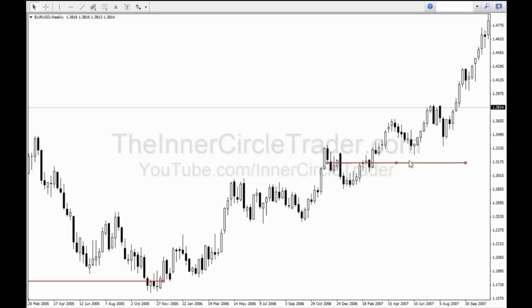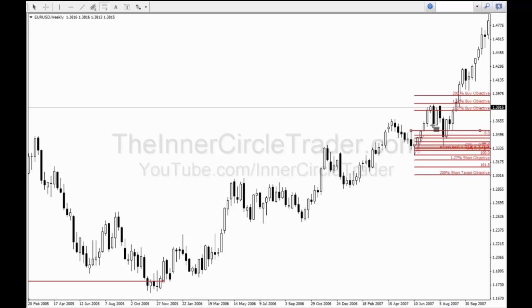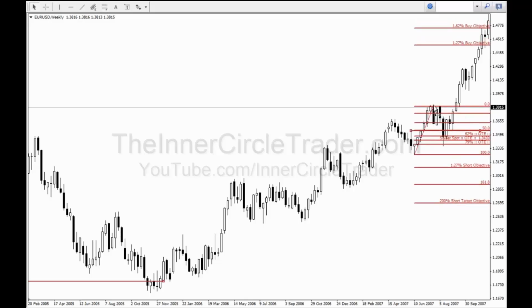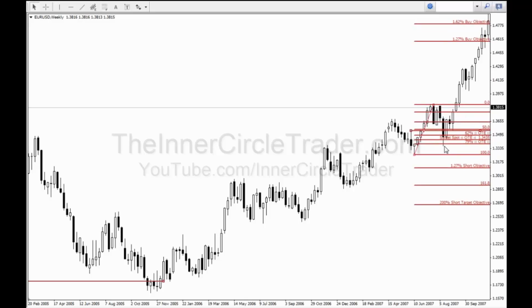Utilizing the previous order block, price trades down into the order block, right down into the 79% retracement level.